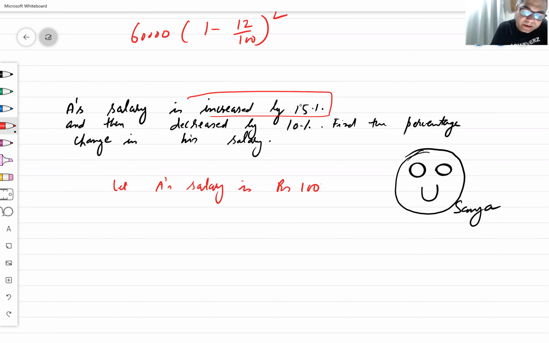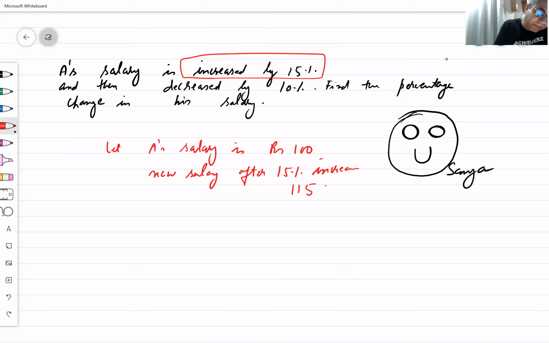So what will be the new salary after the 15% increase? 15% means rupees 15. So the new salary will become 115. Is that okay? Now a 10% deduction is made. Now this 10% will act on this 115. So what is 10% of 115?